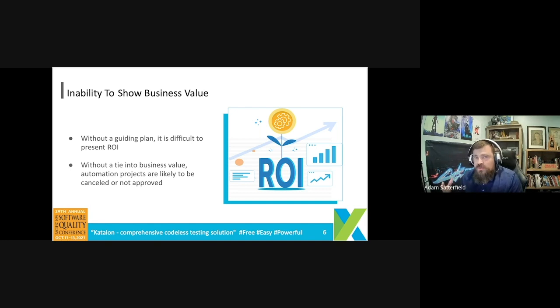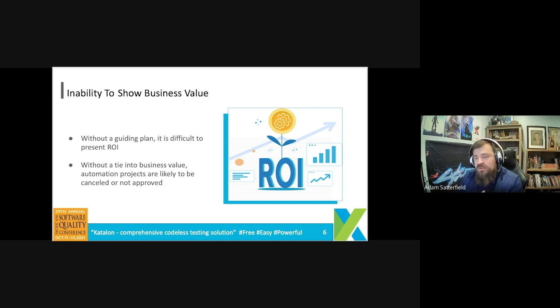So one of the first things is a true inability to show business value. And really what this means is a lot of times when we look to implement a brand new test automation solution, or potentially another solution like a performance testing or browser-based testing solution, we don't take the time up front to really plan out what is the business reason for why we're doing this. Yes, it may be cool tech.